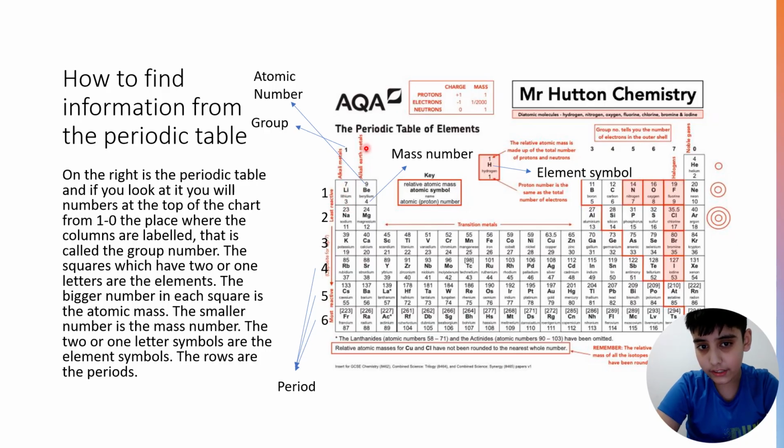The second letter is lowercase. This is really important to remember, because some periodic tables even have three letter element symbols, so you really need to be careful about this.